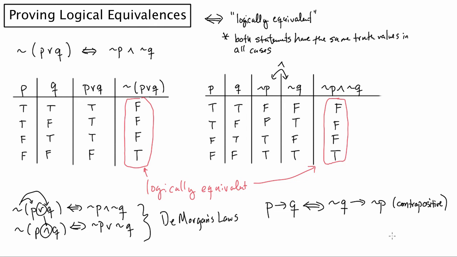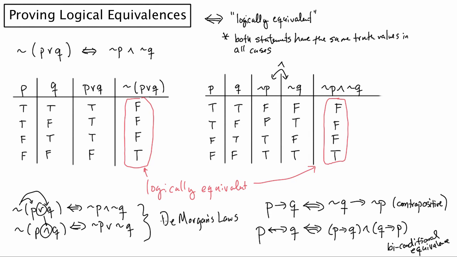The other one is the biconditional equivalence, and I talked about this in the previous video. The statement P if and only if Q is logically equivalent to P implies Q and Q implies P. So this is called the biconditional equivalence.